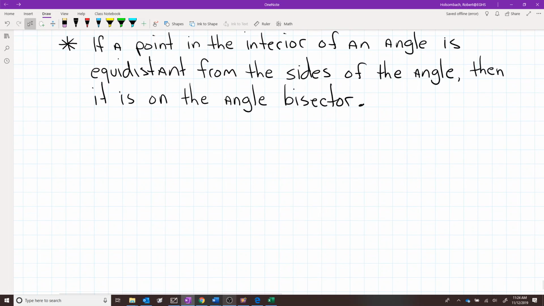Any questions about any of that so far? On page 327, we're going to do example 3A, B, and C. So example 3A, you are given a diagram that looks something like this.